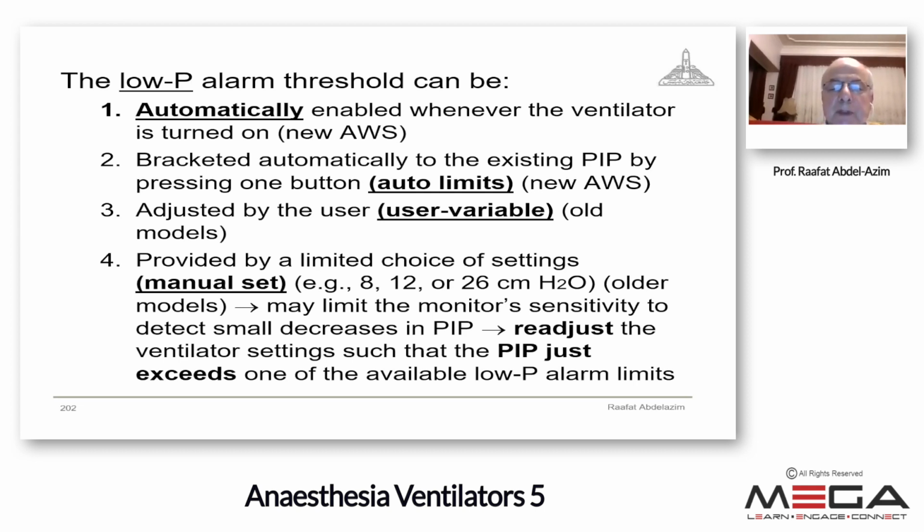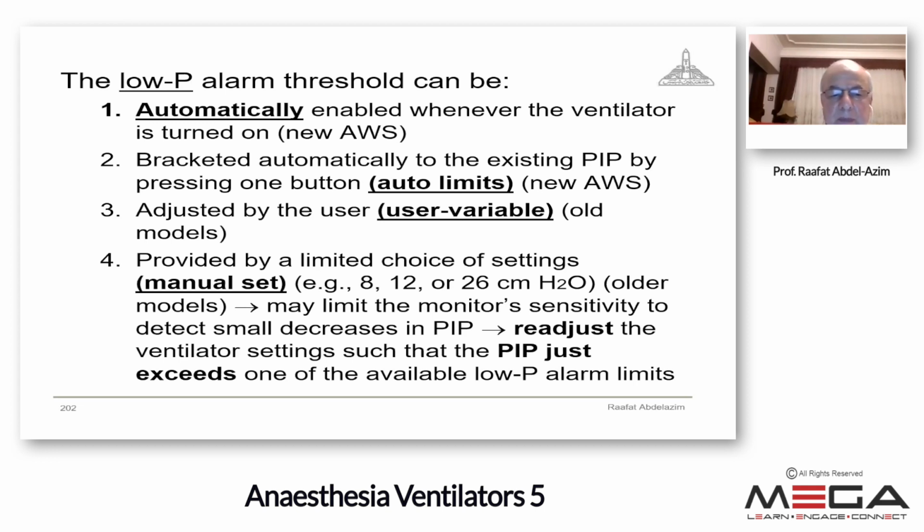And when we apply what's called auto limits, if we press the button of auto limits, it will be adjusted automatically. In other user variable ventilators, we can adjust it manually.